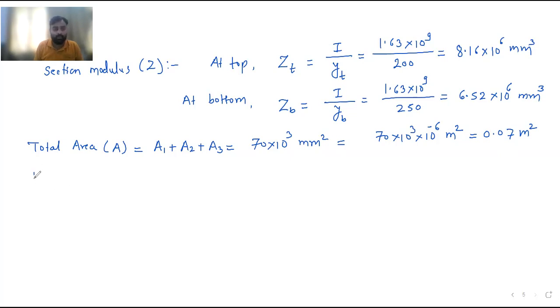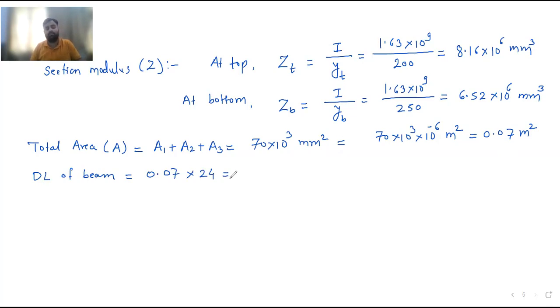Now calculate the dead load of the beam. Dead load of the beam is this area 0.07 into density, which is multiplied by 24.